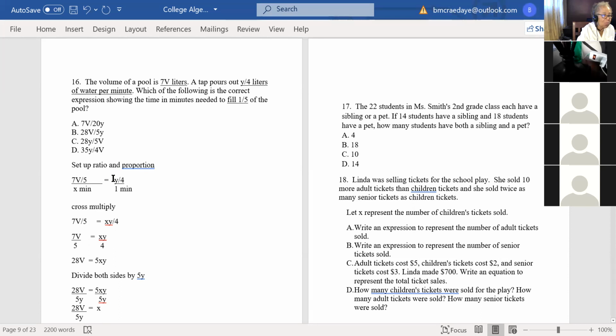My rate is y over 4 liters per 1 minute. So this is liters, this is liters, this is minutes, this is minutes. Once you cross multiply and solve, you see your x there, that's your unknown, x minutes. Divide both sides by 5y, and I get my x, the number of minutes needed to fill 1/5 of the pool.